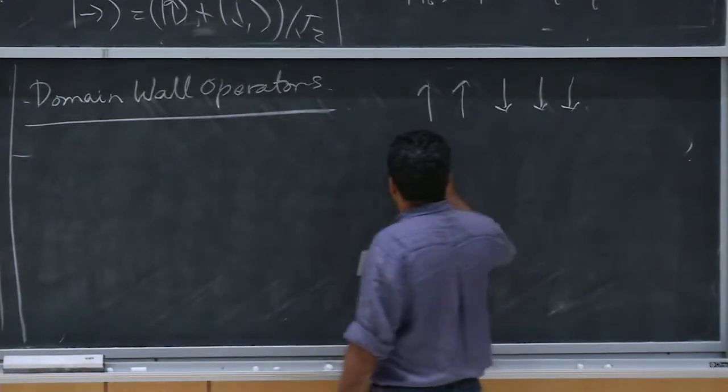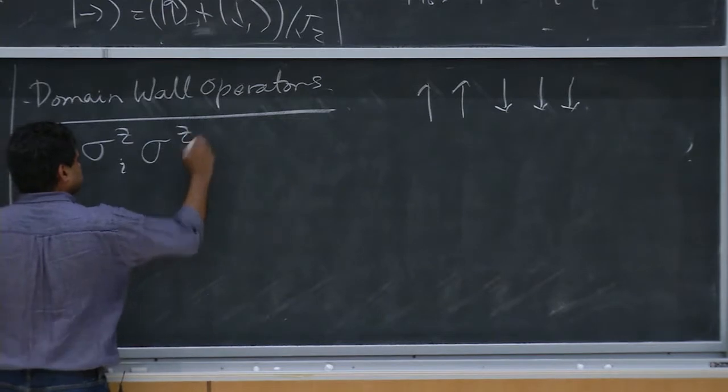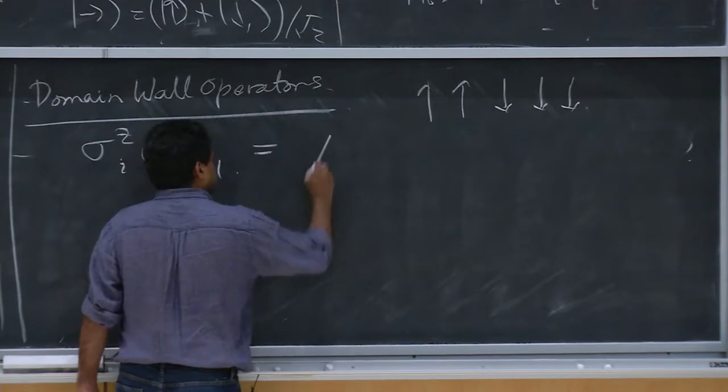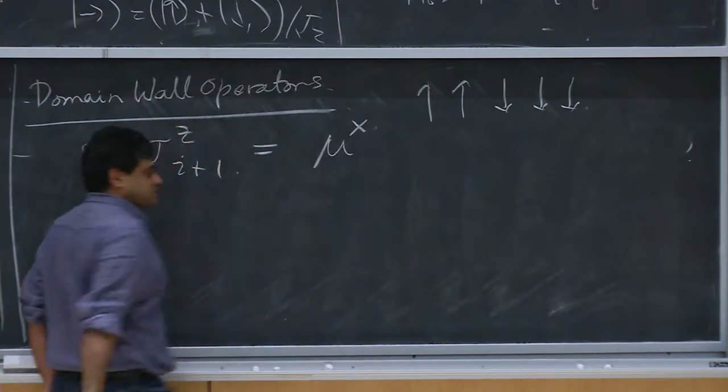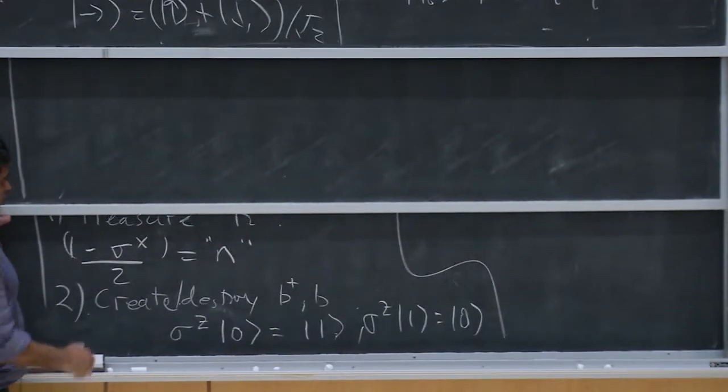It's just a pair of sigma z's, so it's just sigma z I times sigma z I plus 1. This object is either +1 or -1. It's measuring whether there's a domain wall or not. So by analogy, let me call it mu x. We saw before that it was the x spin operator that measured whether or not I had a spin flip.